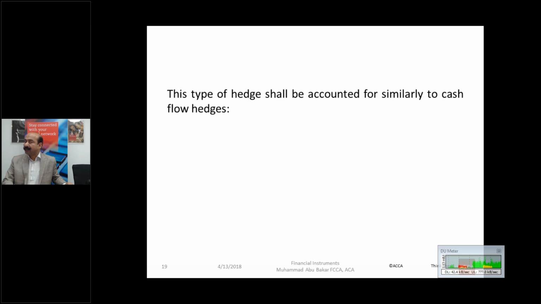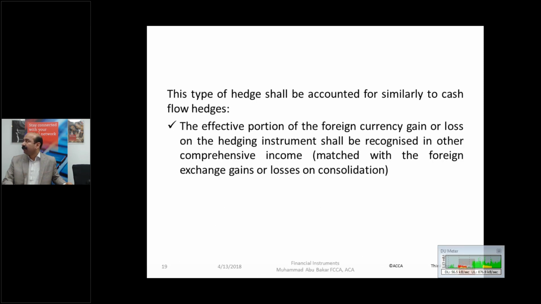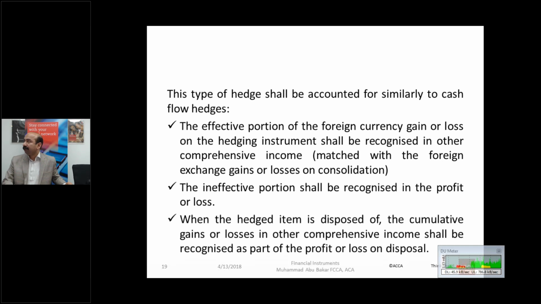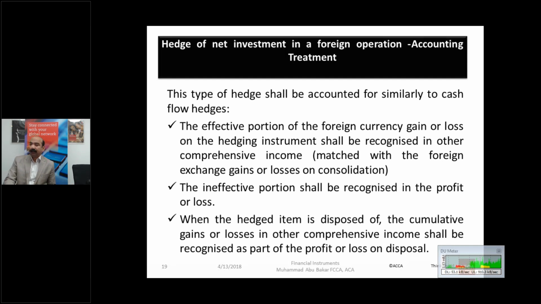This type of hedge shall be accounted for similarly to the cash flow hedge. So this means if we are able to appreciate the principles of cash flow hedge, then the same principle will be applied to the hedge of net investment in a foreign subsidiary.